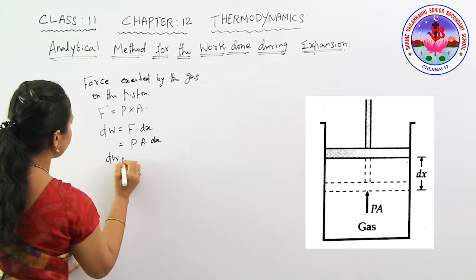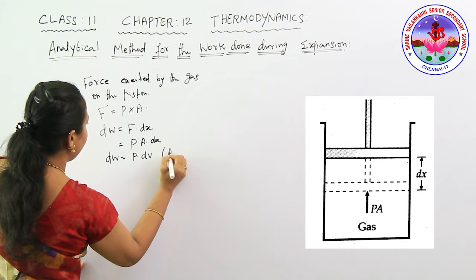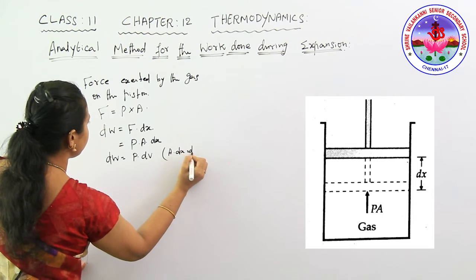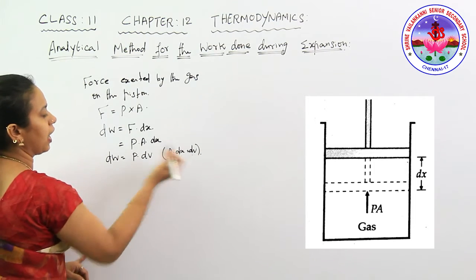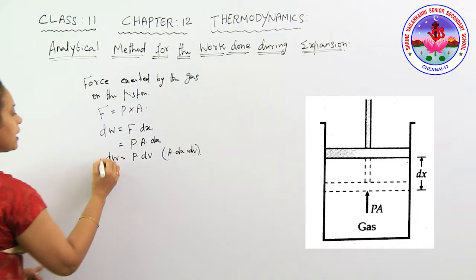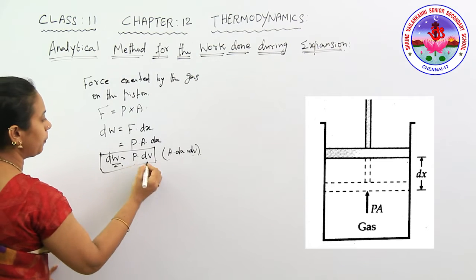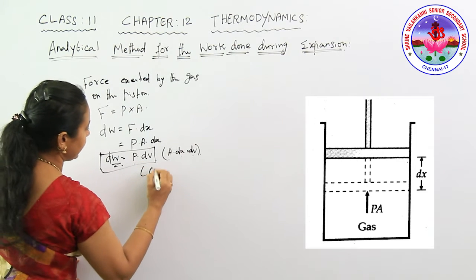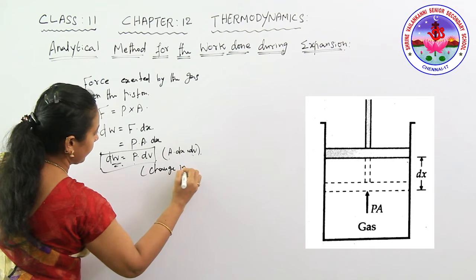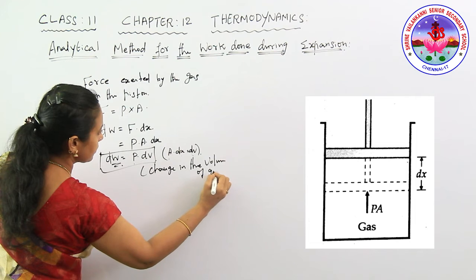So dW is equal to P into dV, because A into dx is equal to dV here, right? Because of the distance with the area, that is the volume. So dW, the small work done, is equal to P into dV. Got it? So that is the change in the volume of gas.